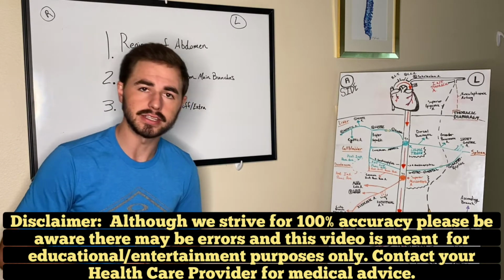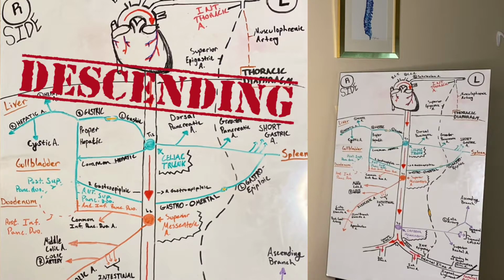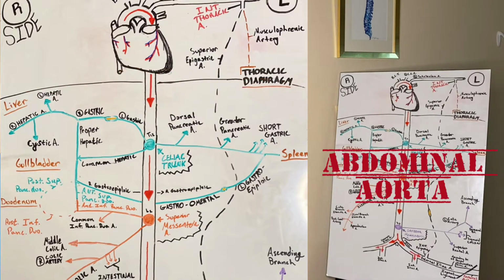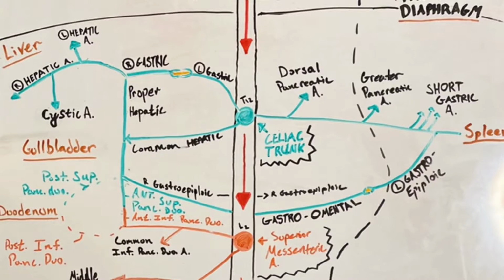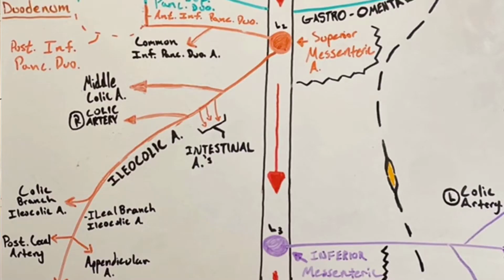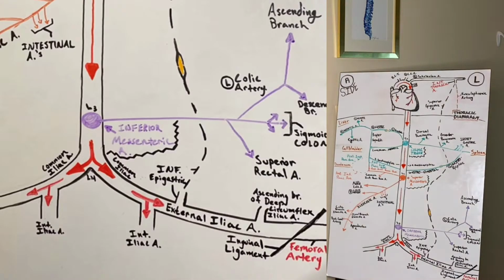So let's start this, and let's put a big picture up. What you're looking at right now is the descending aorta as it comes behind the heart from the ascending aorta. I have the celiac trunk highlighted in blue, the superior mesenteric artery highlighted in orange, and down towards the bottom is the inferior mesenteric artery highlighted in purple. There's also a bifurcation towards the bottom at L4.